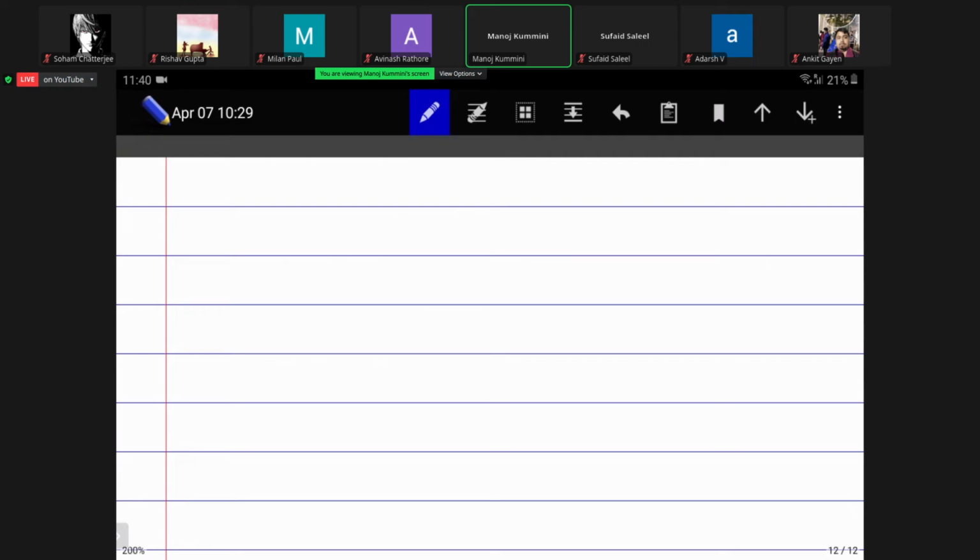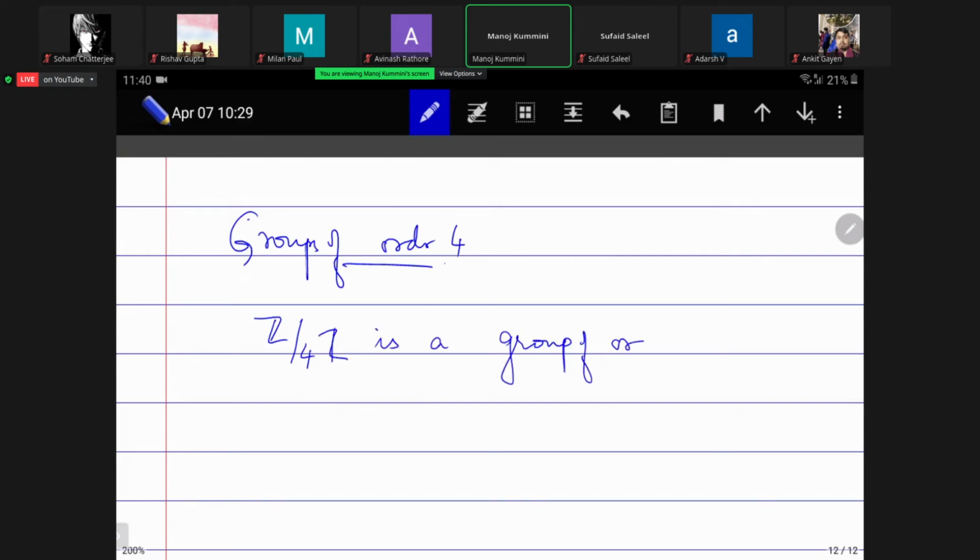Okay. So now groups of order 4. So Z mod 4Z is a group of order 4. It's cyclic.